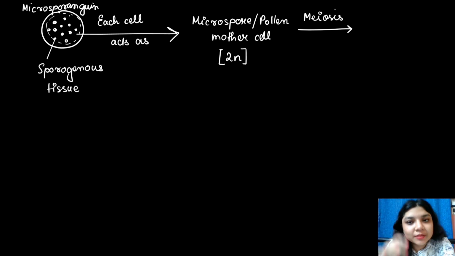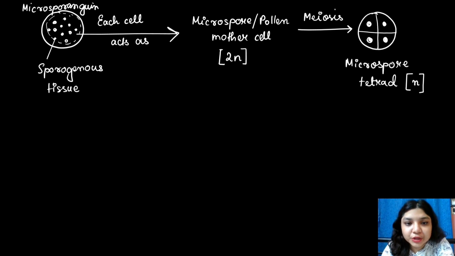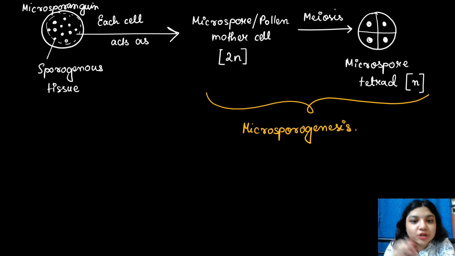Each pollen mother cell will undergo meiosis and produce the microspore tetrad, as we have just seen. This process where the microspores are formed from the pollen mother cell by meiosis is known as microsporogenesis.